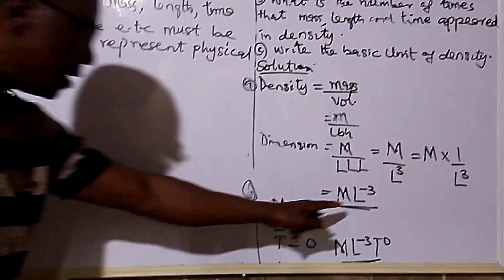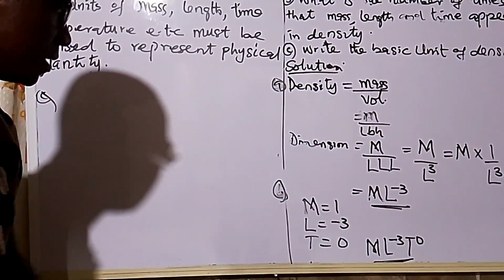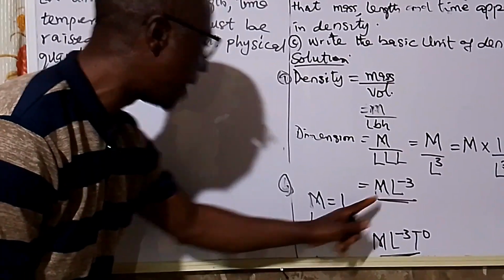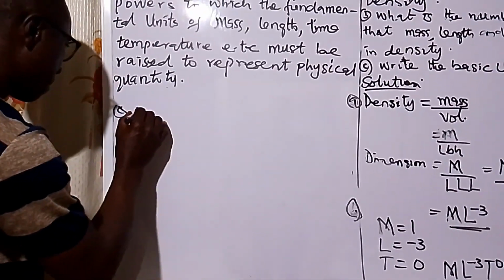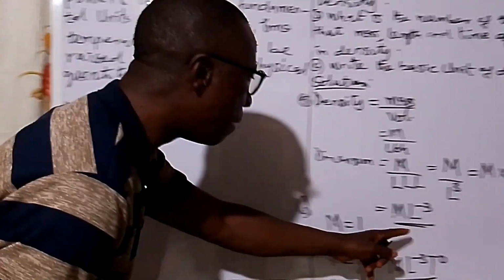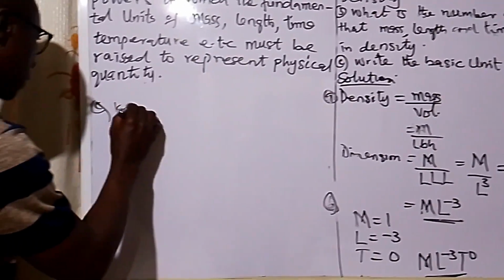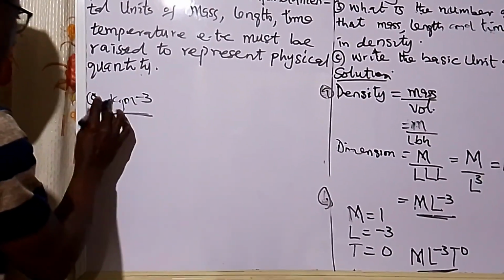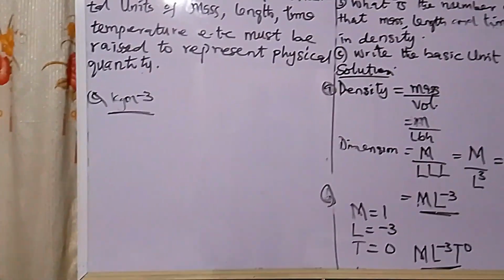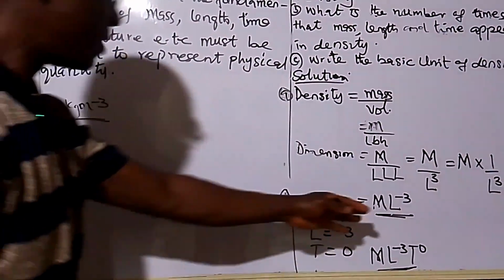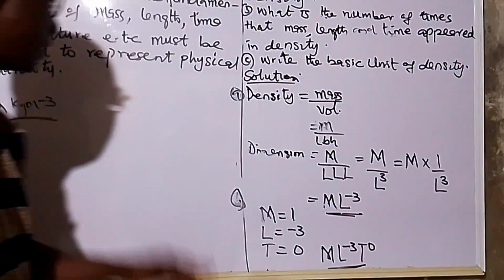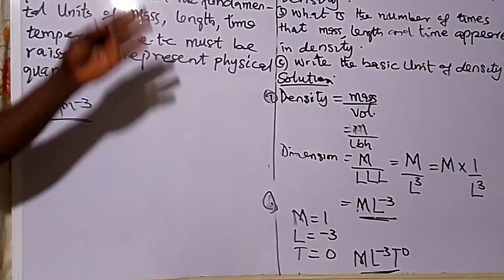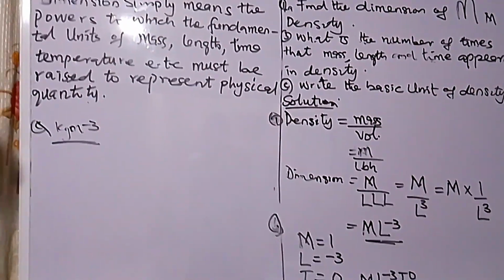This is the dimension. To write the unit, what is the unit of mass? Kilogram. The unit of length? Meter. So it will be kilogram per meter cube. The dimension of density is this, and the unit is this. And that's all for that. We've answered the question.